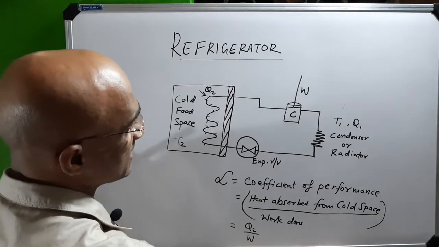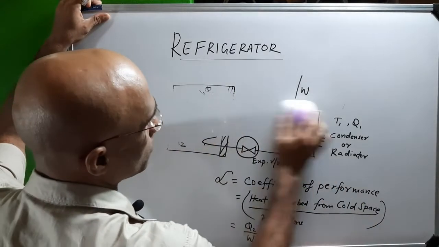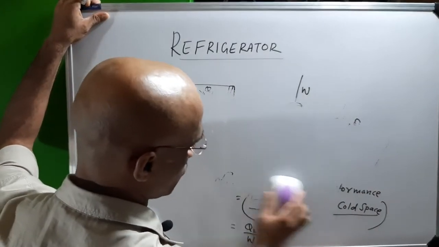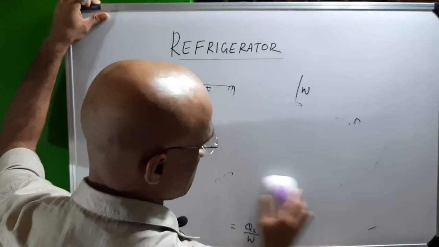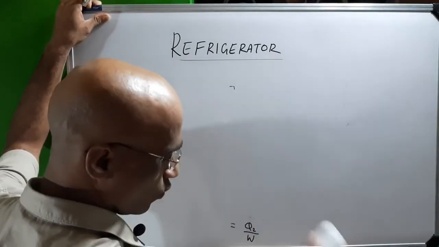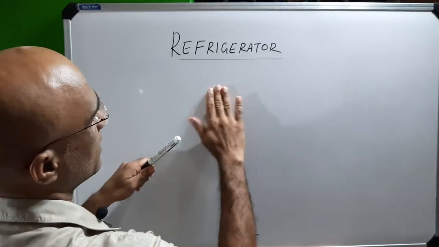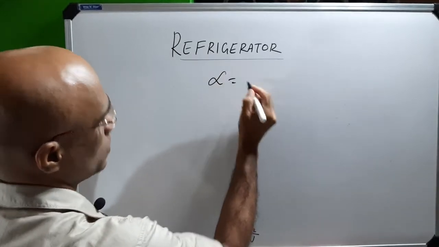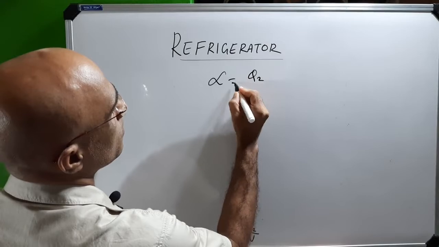Now, just at the beginning I told you that Q2 plus W will be, let me rewrite, alpha is equal to Q2 by W.